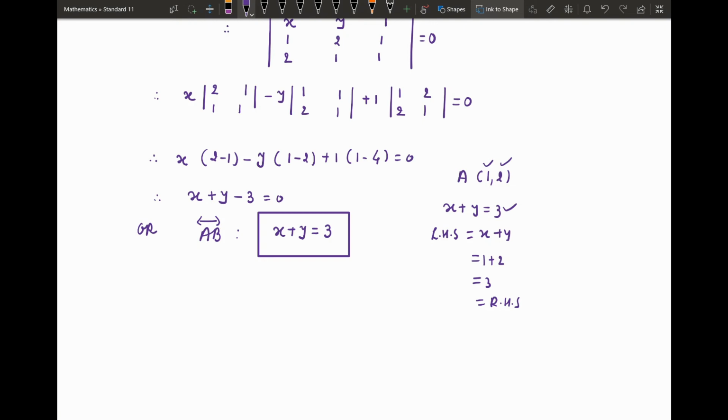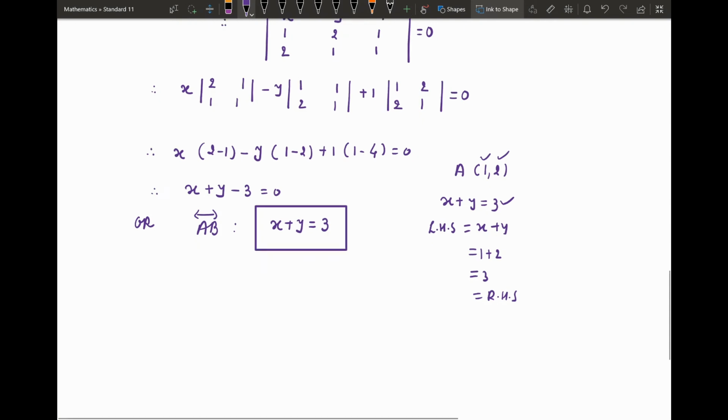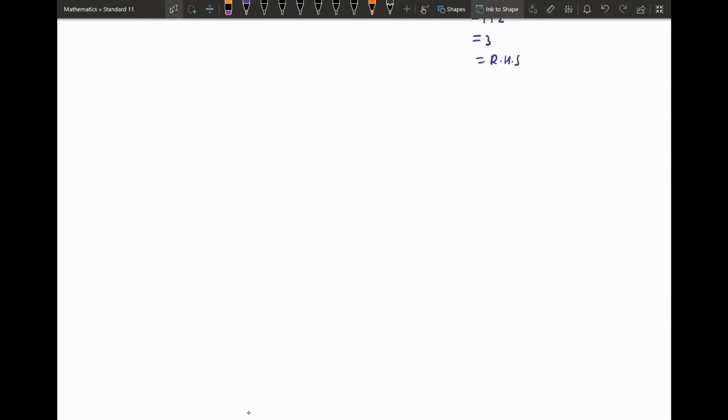So x plus y equal to 3 is the Cartesian equation of line AB passing through the given coordinates A (1, 2) and B (2, 1). We take more examples.